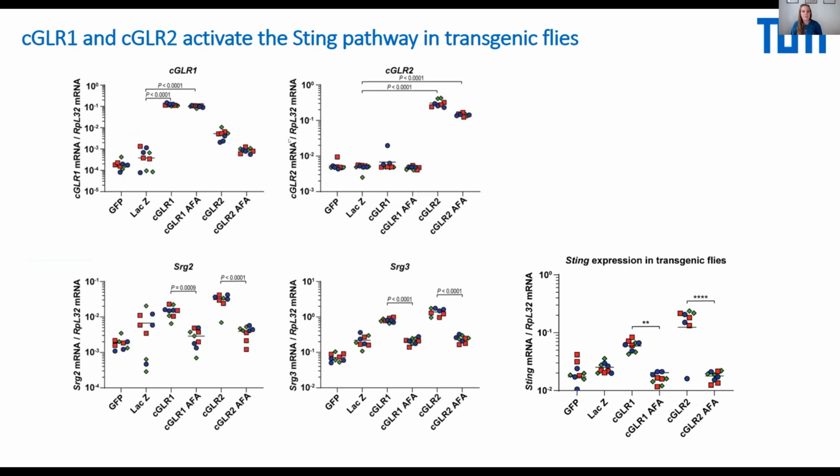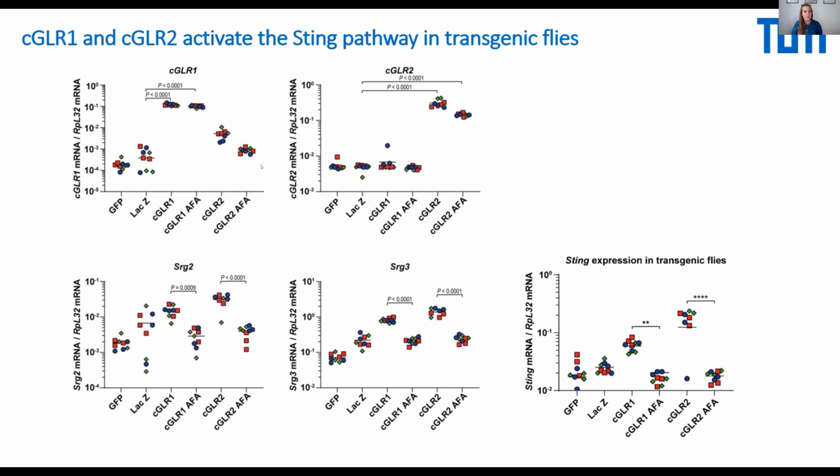So the first thing they did in France, at the IMLA lab, was that they made transgenic flies that overexpress CDLR1 and CDLR2 by a heat activation system.